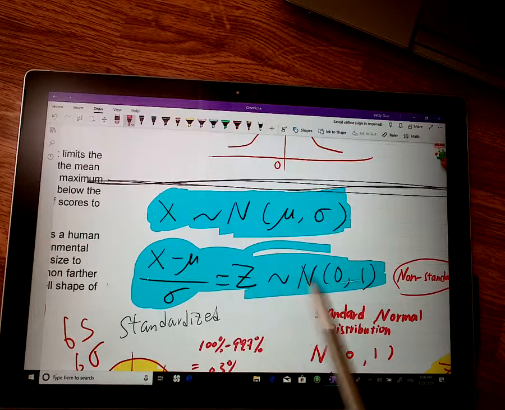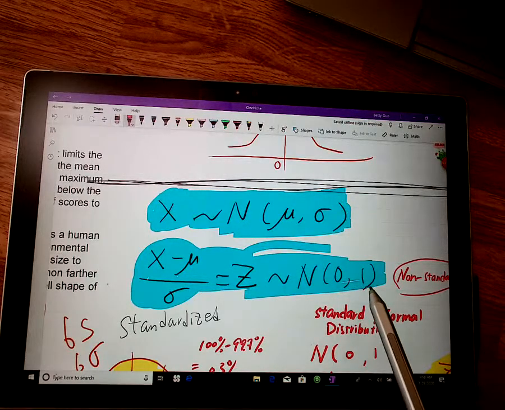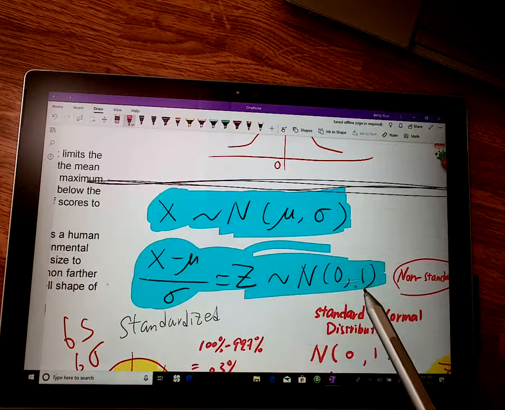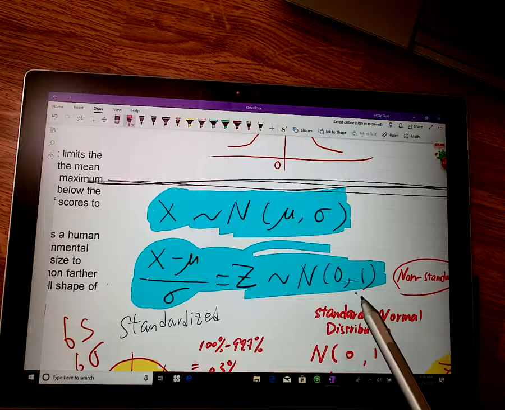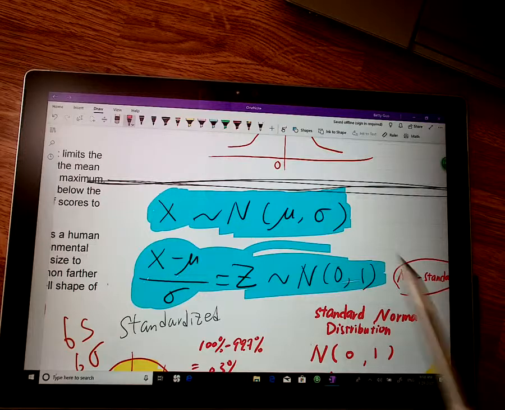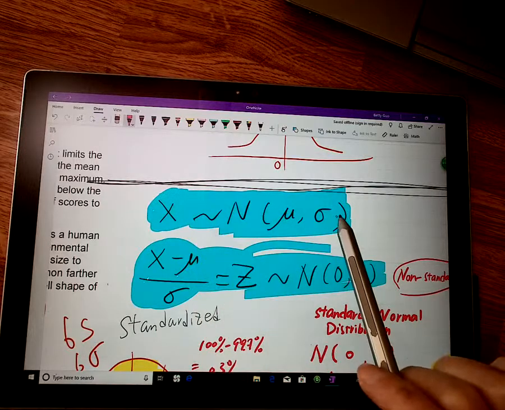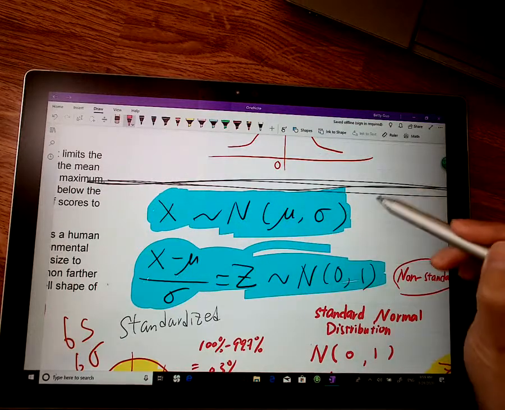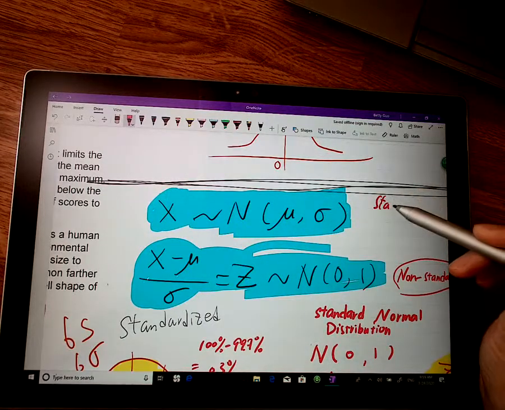And Z would be standard normally distributed. Please remember this fact. Very important. Earlier we covered the concept of standard normal distribution. Then for a non-standard normal distribution, we are able to standardize it. Standardize is a verb.